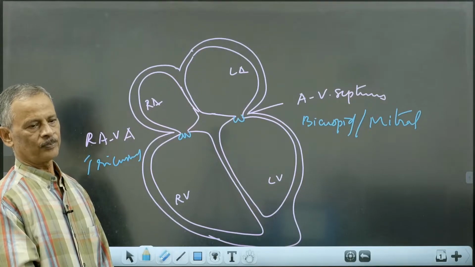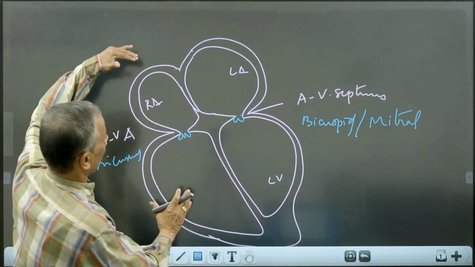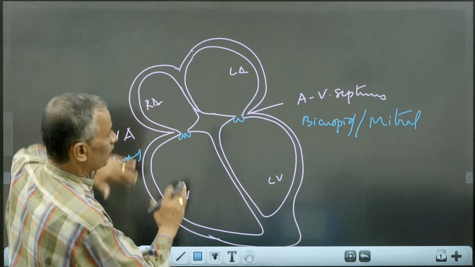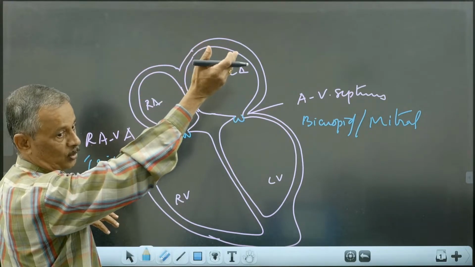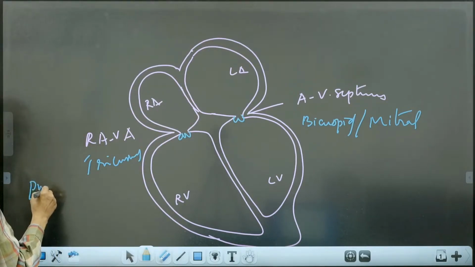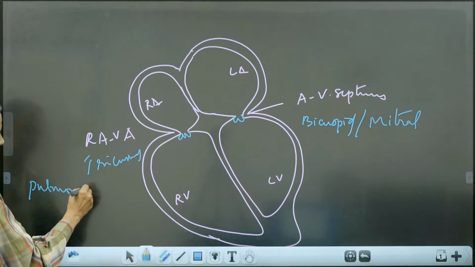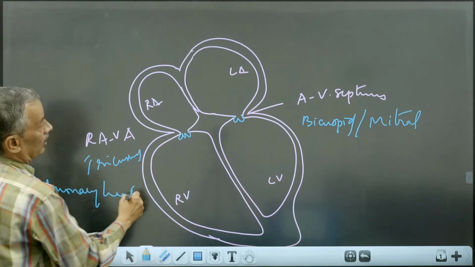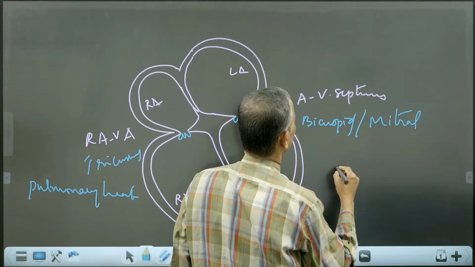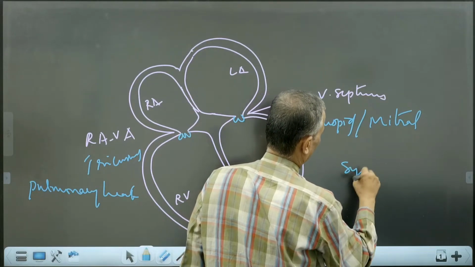Okay. So, the right side is concerned with impure blood. It receives impure blood and pumps blood to the lungs for purification. So, the right side is called pulmonary heart. Whereas the left side is called the systemic heart. Why?